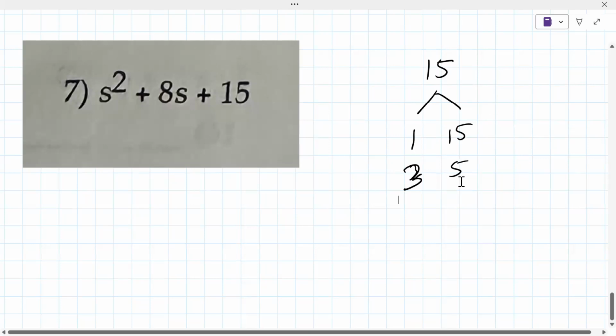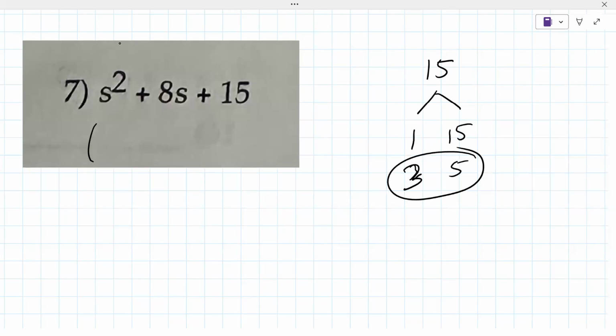Does 1 plus 15 or 3 plus 5 add up to 8? So 3 and 5. So this becomes s plus 3, s plus 5. The challenge is really finding all the numbers that multiply to the last term. That's the challenge.